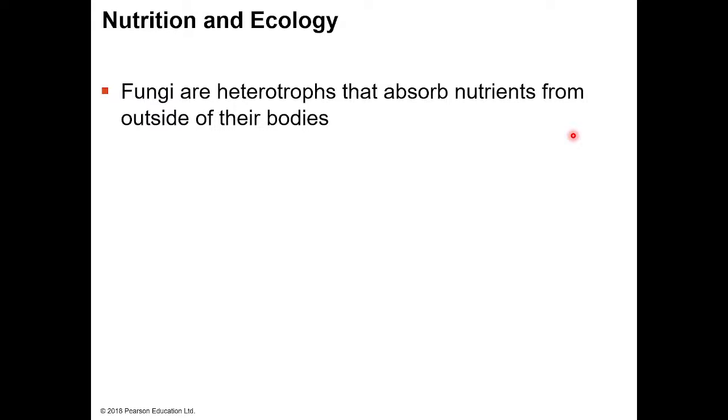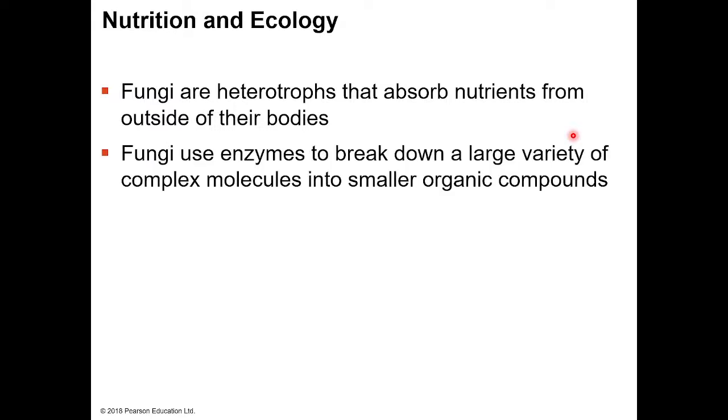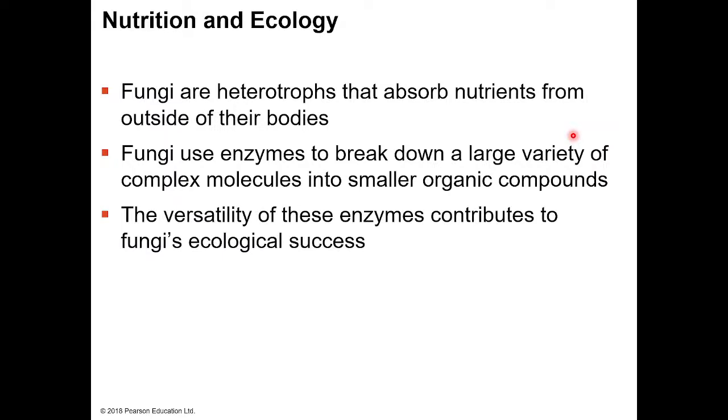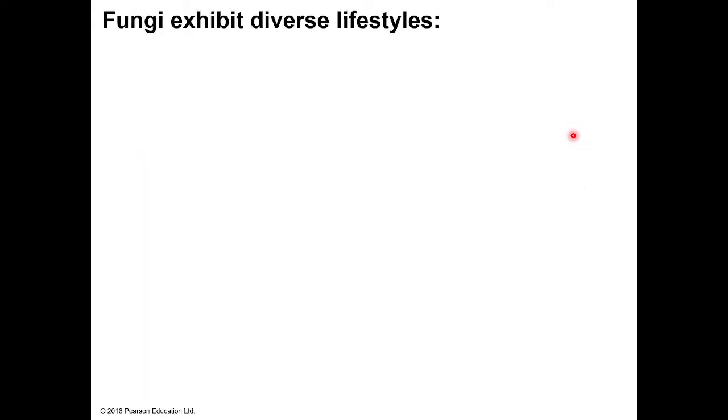The difference of fungi is absorbing the nutrients from outside of their bodies directly. Fungi use enzymes to break down a large variety of complex molecules into smaller organic compounds. The versatility of these enzymes contributes to fungi's ecological success.